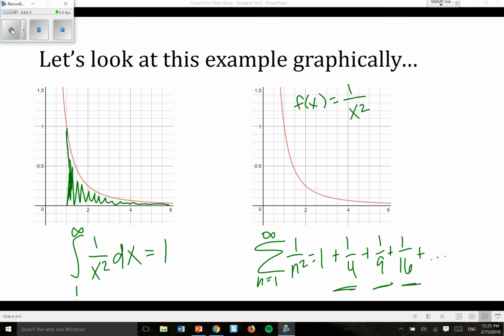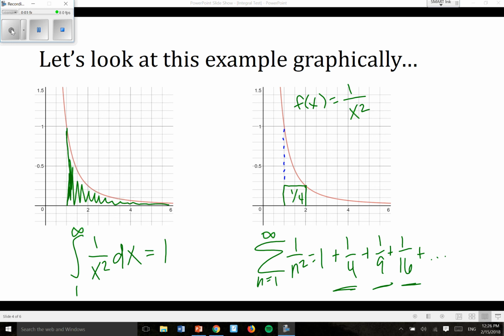So really what we're looking at is a right-hand Riemann sum. If we plug in 2, we have a rectangle height of 1/4. And again, we're still looking at this area under the graph of 1 over x squared. But 1/4 fits within that area.